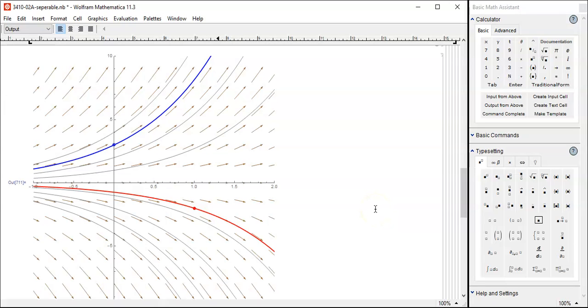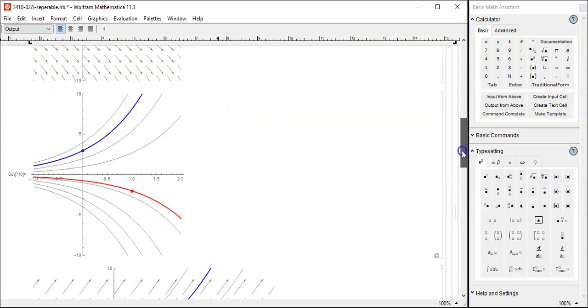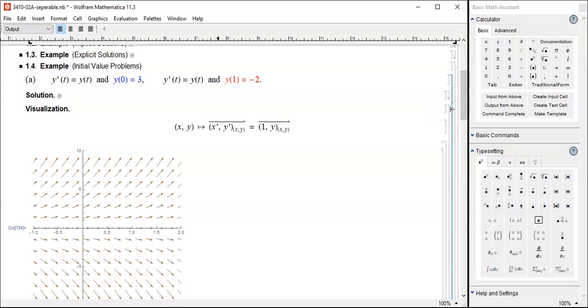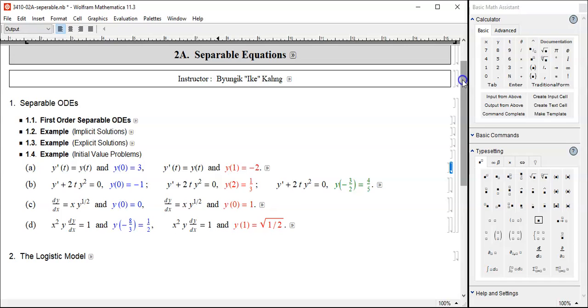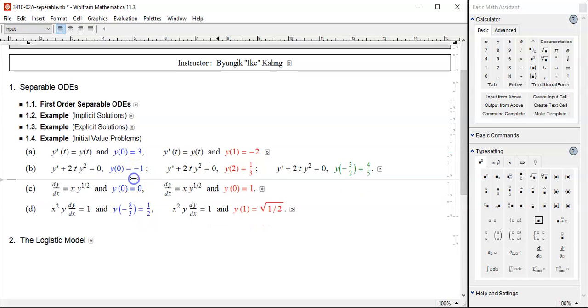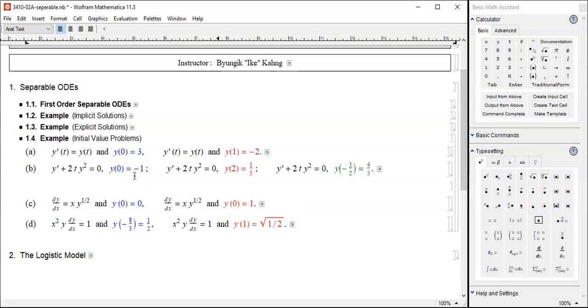And then among those solutions, we are looking for those particular solutions that go through the initial conditions: this one (0, 3), and this one (1, -2). Okay, that was quick, but that was quick because we already took care of it.